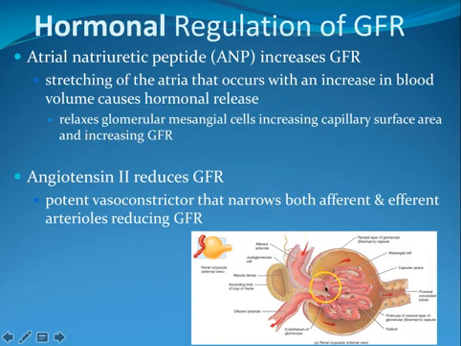So let's take a look at that in this image. So the stretching of the atria recognizes that there's increased blood volume, causing ANP to be released. Remember, we had these little mesangial cells, those little cells in the loops of the glomerulus. Basically, those are going to simply relax, which means that those slits right here are not going to be as stretched.